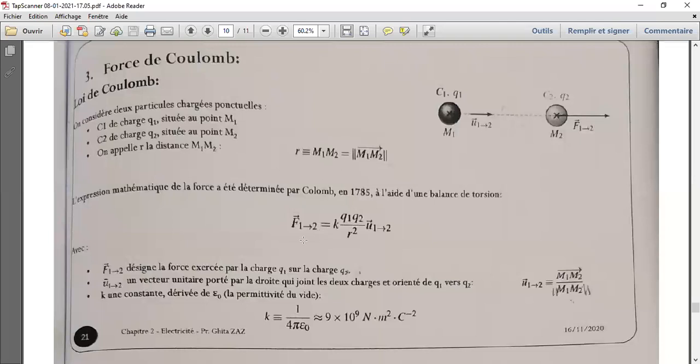So this formula is used here. I've not put dq because they are punctual charges. For punctual charges and for charges which are distributed, you use the same formula, but the only difference is that one of the points will be in constant change.